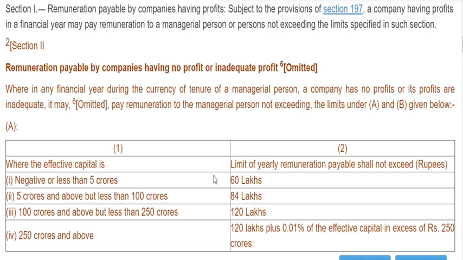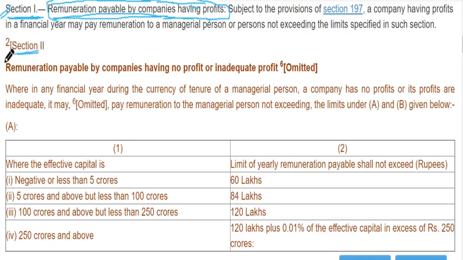Part 2 of Schedule 5 has 5 sections. Section 1 deals with remuneration payable by companies having profit.